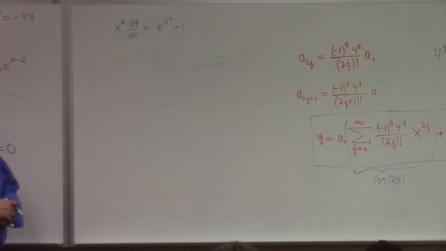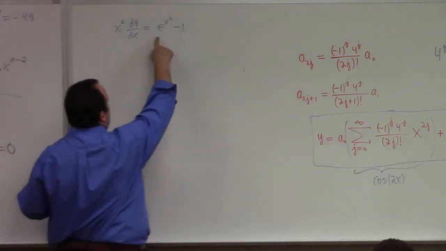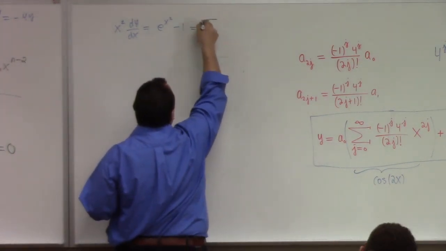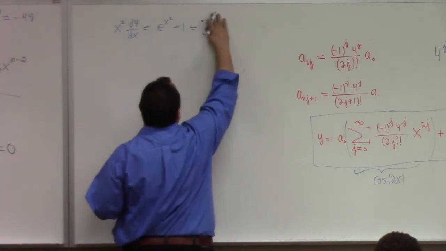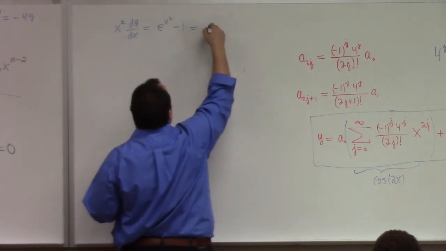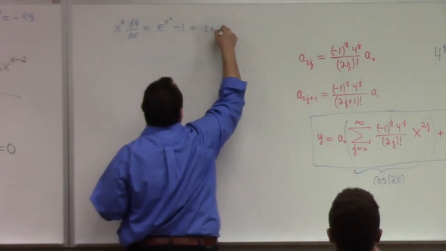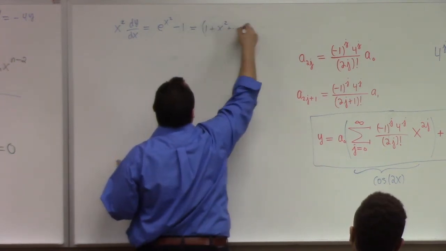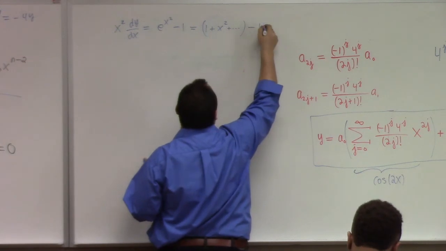This one, you might be tempted, now that you've seen this method, to plug in an arbitrary coefficient. But what's the power series for this? Well, let me write it out term by term. This would be 1 plus x squared plus stuff, minus 1. So the 1's cancel.